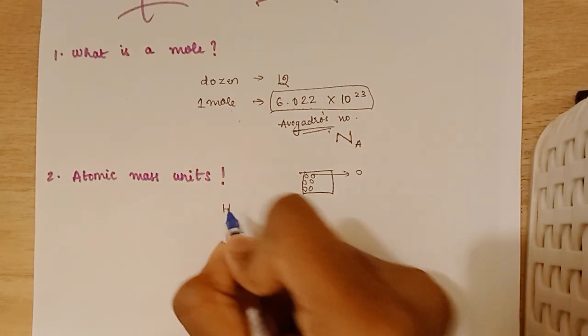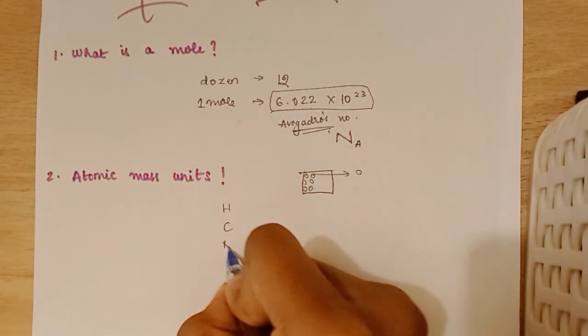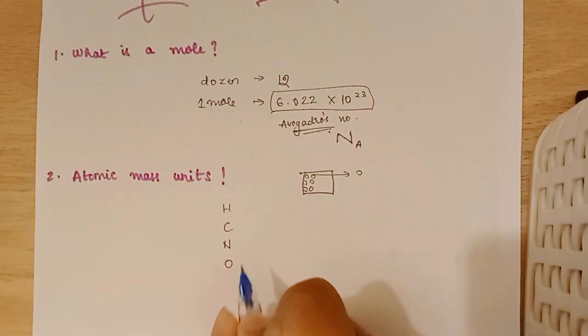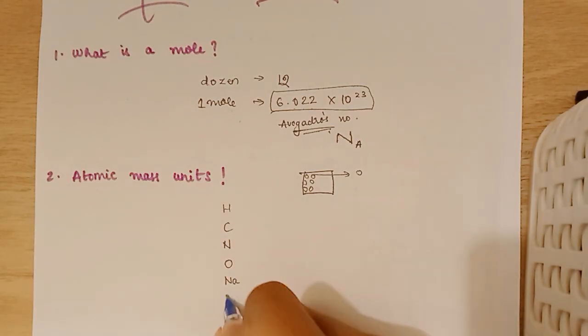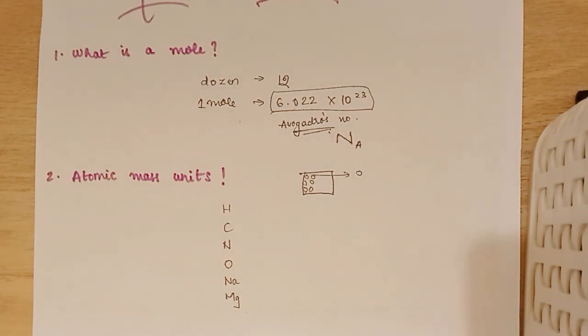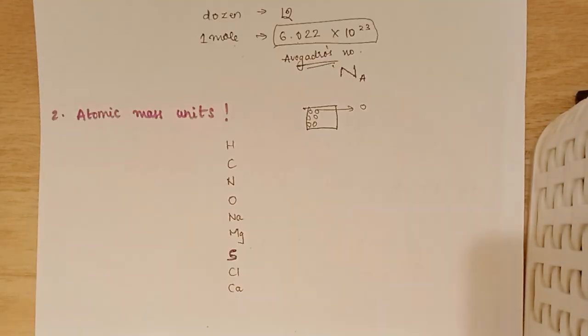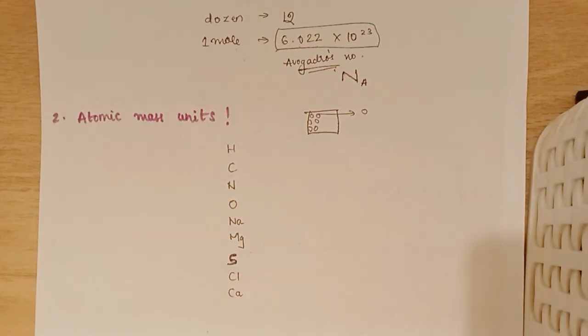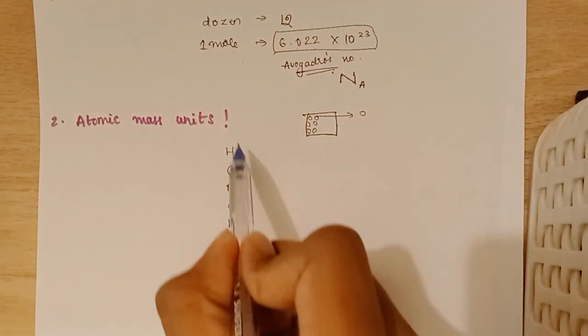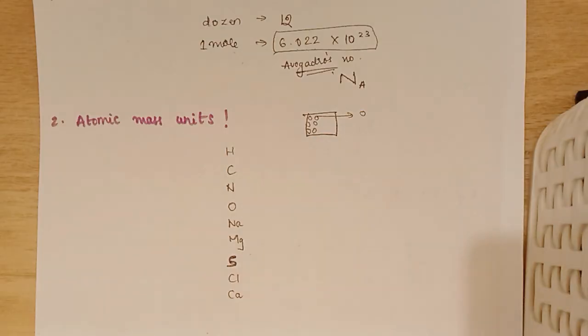They are hydrogen, carbon, nitrogen, oxygen, sodium, magnesium, sulfur, chlorine and calcium. So you need to know all the atomic mass units of these elements.